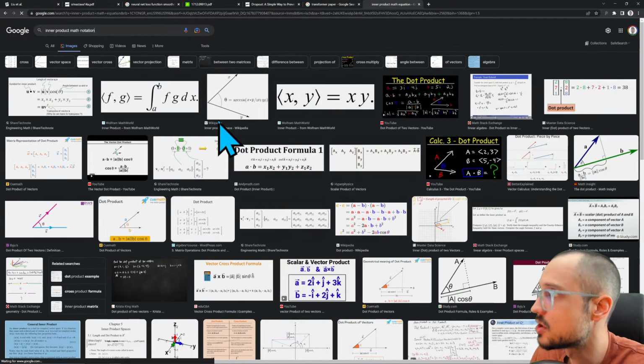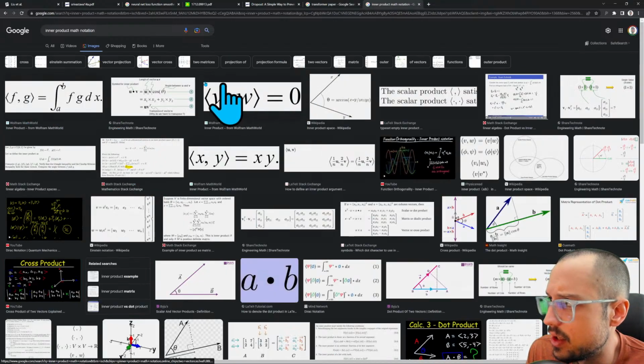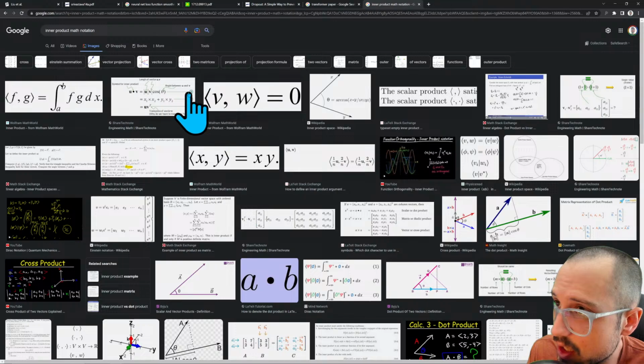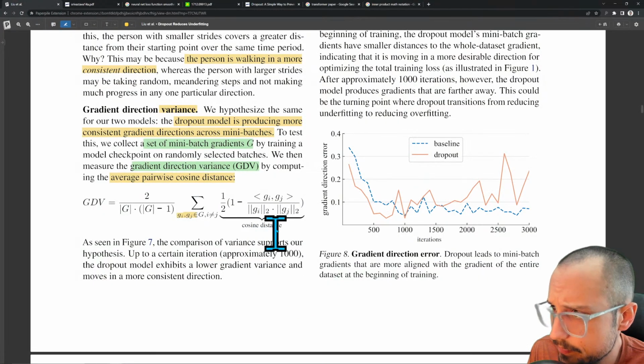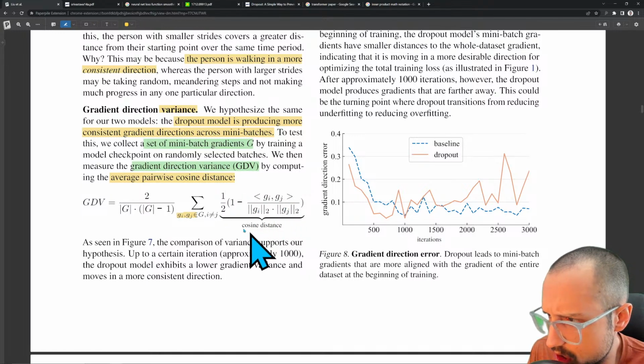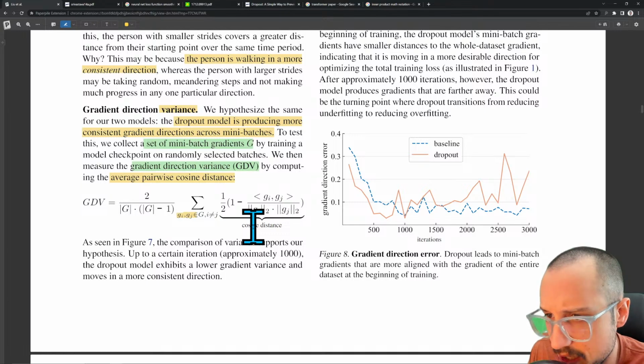Math notation. Yeah. So when you see this little caret, one thing, comma, other thing, caret, what that means is the inner product. So that's this here, right? Inner product of GI, GJ over the magnitude of GI and GJ, and that's the distance. So vectors that are further apart are going to be bigger. Vectors that are closer together are going to be smaller.